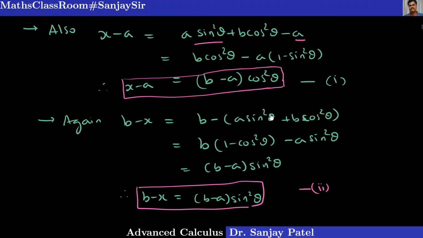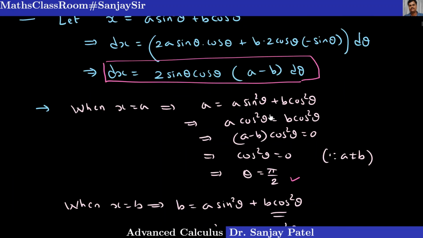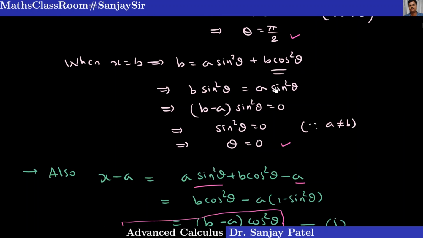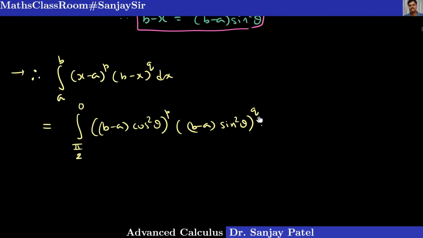I think it is 2 sine theta cos theta into a minus b. Yes, it is 2 sine theta cos theta into a minus b d theta. So let us write the dx, 2 into sine theta into cos theta into a minus b into d theta.